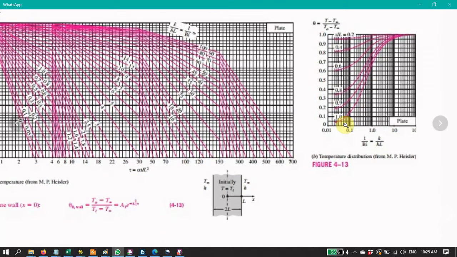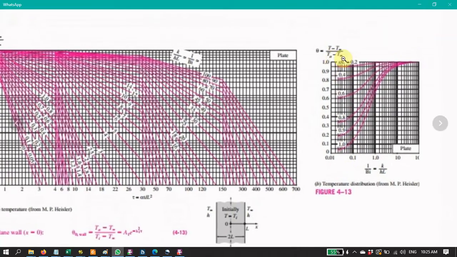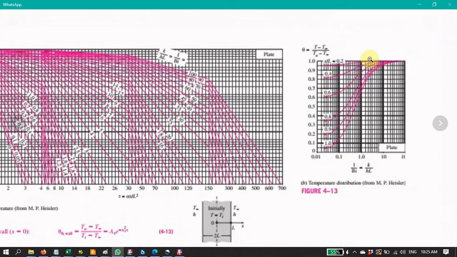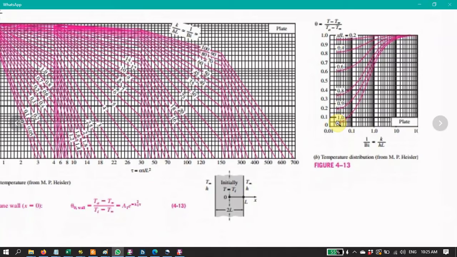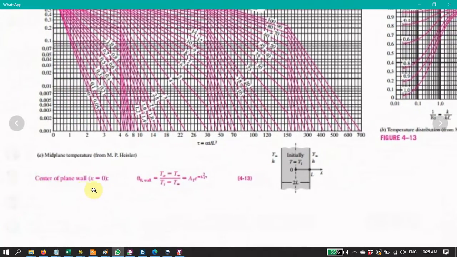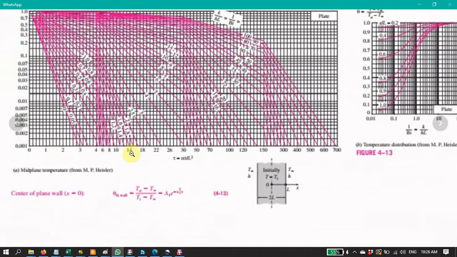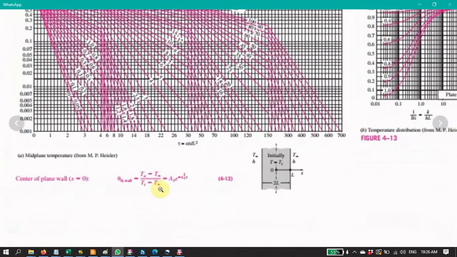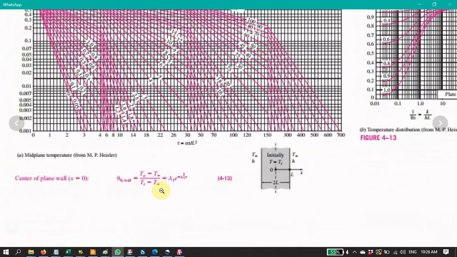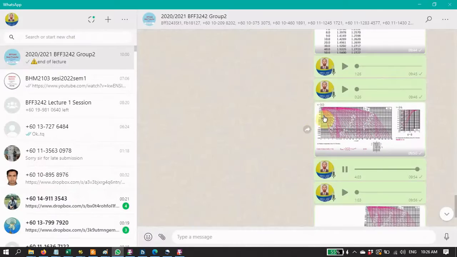So if you know the center line values, you can use them to calculate the local temperatures. This plot is based on equation 4.13. Let's say you don't want to use the chart; you can use equation 4.13, and you need to use the table because the table gives you the values of lambda as well as the coefficient A.